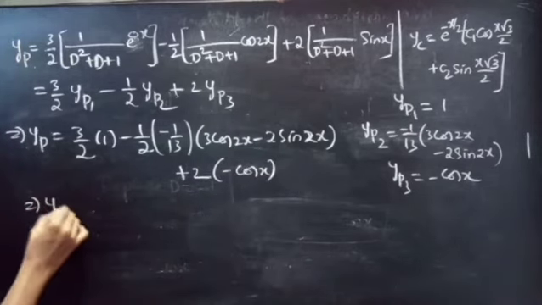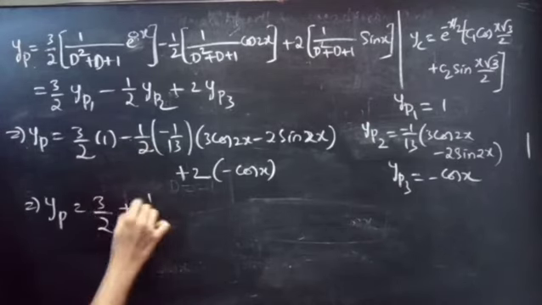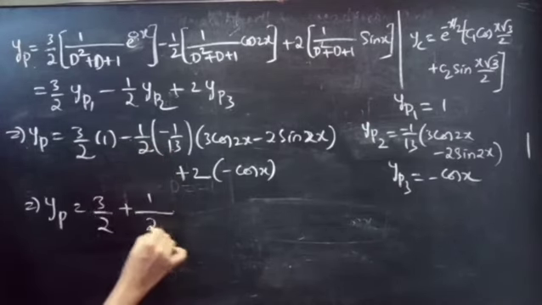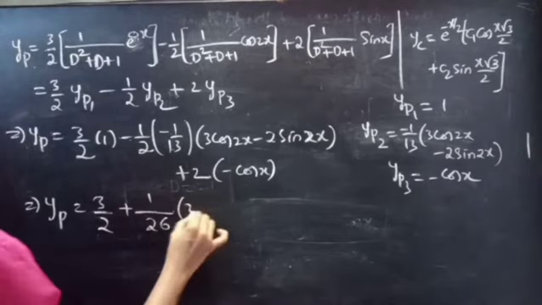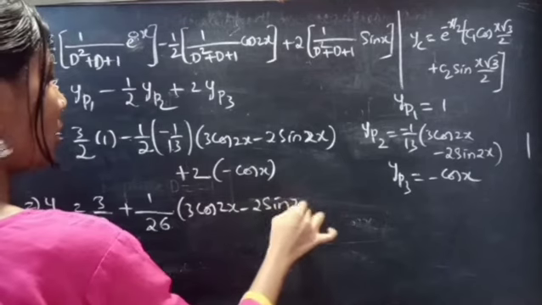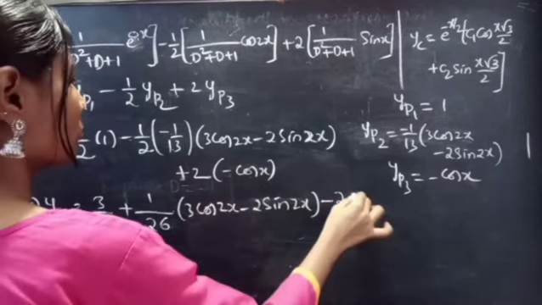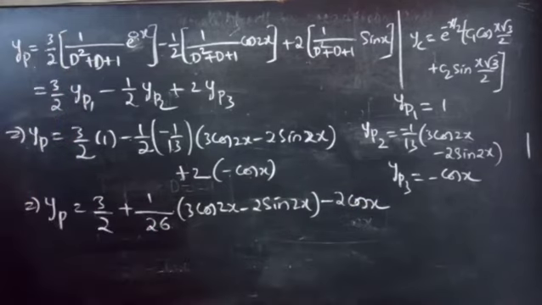Then yp becomes 3 by 2, minus into minus plus, 1 by 2 into 13 is 26, into 3 cos 2x minus 2 sin 2x, plus into minus, minus 2 cos x is our yp.